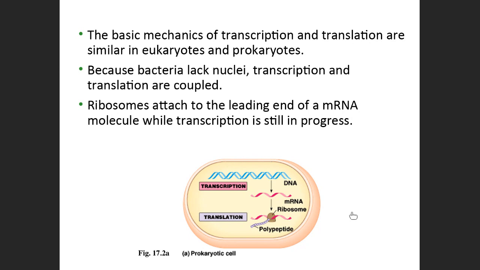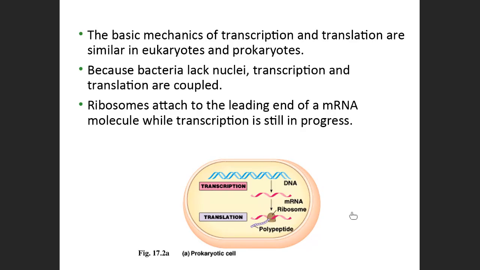So there are some fine details that are different. Now, a very important difference is we know that prokaryotes do not have a nucleus. So the bacterial chromosome, or the prokaryotic chromosome, is in the cytoplasm. That's the same place where the ribosomes are.